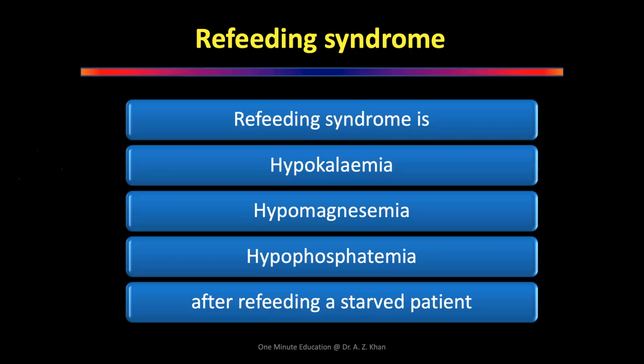It comes in chylothorax and in other esophageal surgeries. When you start refeeding a patient, or start TPN, or a patient in an ICU, you get these three things: hypokalemia, hypomagnesemia, and hypophosphatemia.